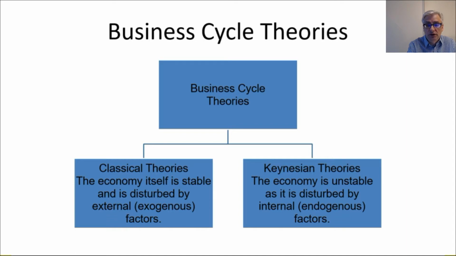So the major factor that disturbs the economy is a bunch of endogenous factors, internal factors. Additionally, Keynesian theories do not exclude some exogenous influence, but the main thing here is that business cycles are produced by economy itself.